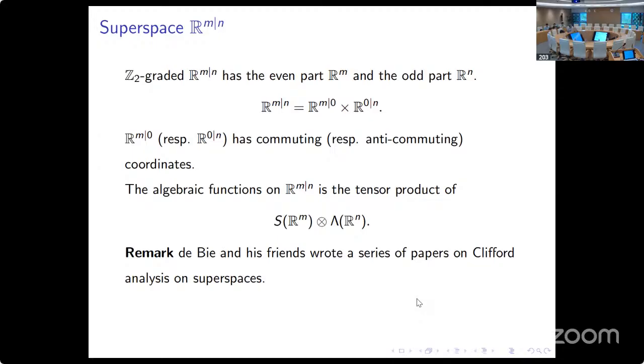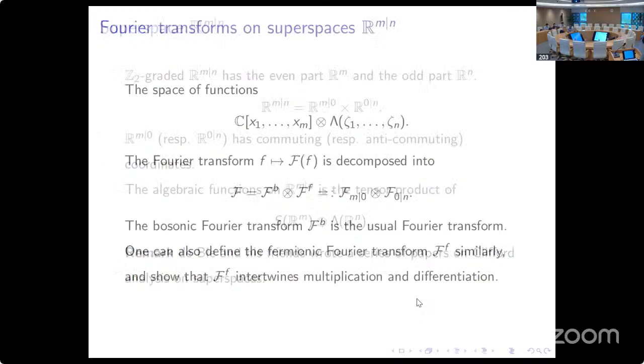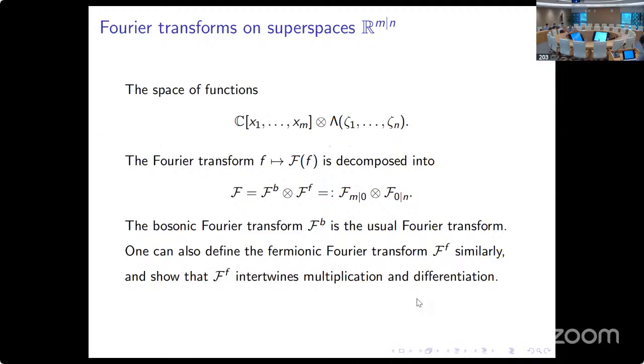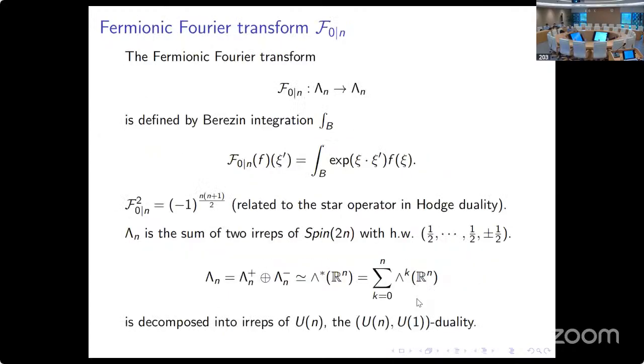So there will be the superspace, but of course there are many other people who studied this. So I was describing the Fourier transform on that. The Fourier transform on the symmetric variables, as we see, we will call it boson, and the exterior algebra part of it is called fermion. And for the fermion part, you can also define it in a way that looks very like the classical way.